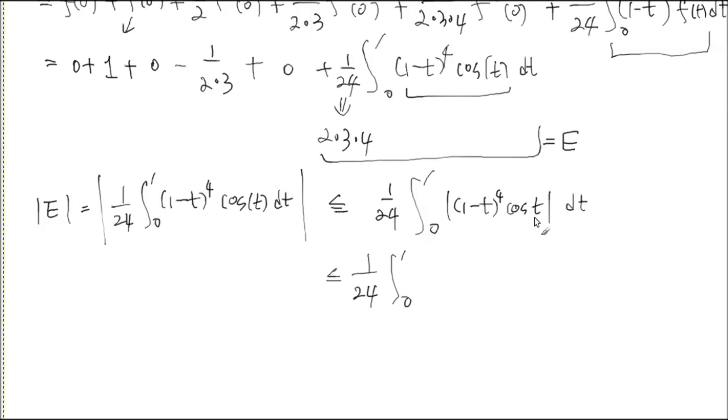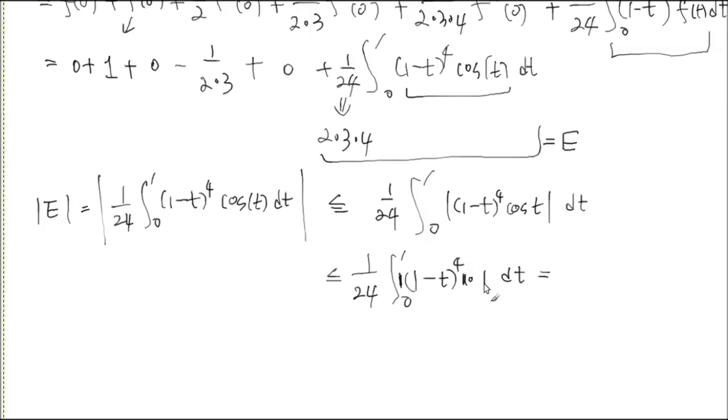So I can replace it with the maximum possibility, 1. Then it's (1 minus t) raised to the fourth power, with the absolute value, because if I replace with the maximum value, it's going to get bigger, dt.